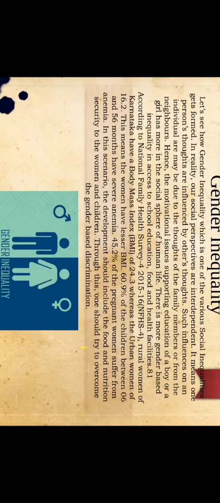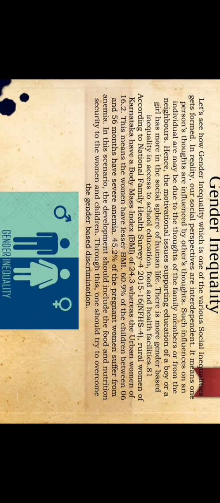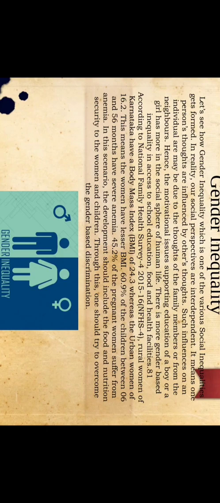So what I have just explained is the gender inequality between the boy and the girl. What we can understand here is that there should not be any difference between boy and girl. Both should get an education. They should improve and develop their personalities.